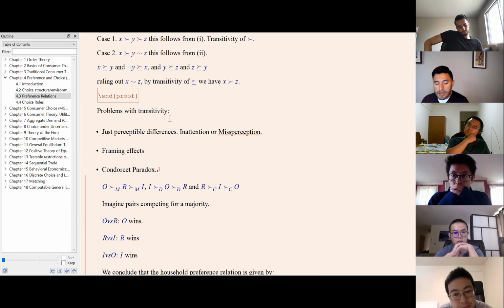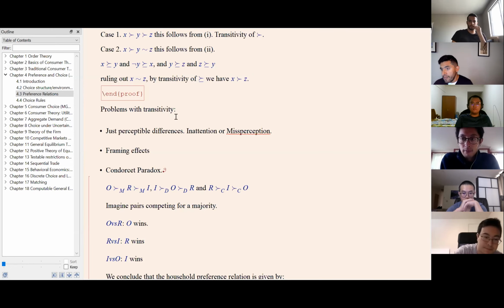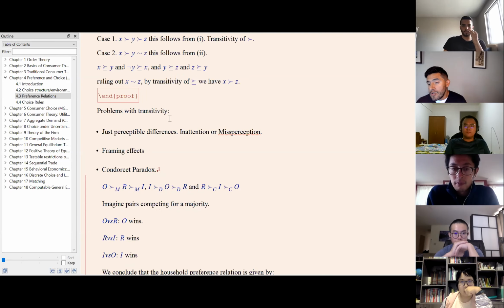And the first thing that we are going to acknowledge of problems with transitivity in real life is something that is called just perceptible differences. Again, all of this is kind of a wink to behavioral econ that we're going to take a deeper look at later in more serious chapters about behavioral econ. But right now, just bear with it. Just perceptible differences, if you read the Mas-Colell chapter, they have an example about colors, right? And this example tells you, look, I am a painter.